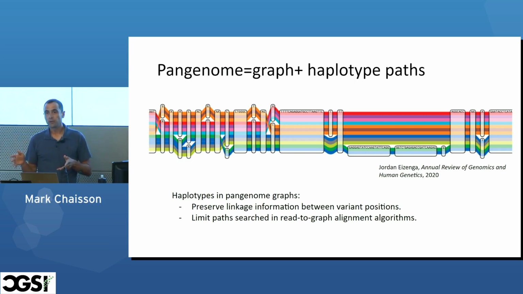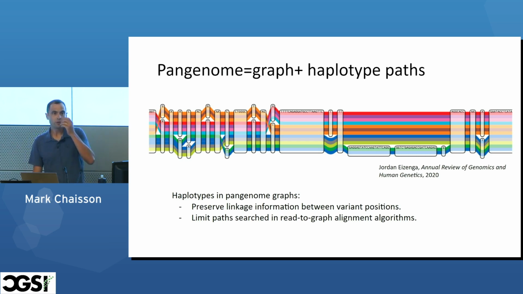So why would you do this? Importantly, a lot of methods take advantage of linkage information. If you have a SNP that's nearby a structural variant, it helps to really know that that SNP came from the same individual that had that structural variant. We'll talk about a method that takes really good advantage of that later on.